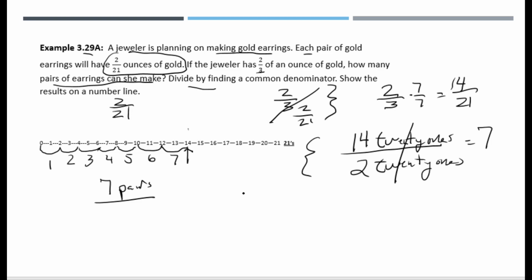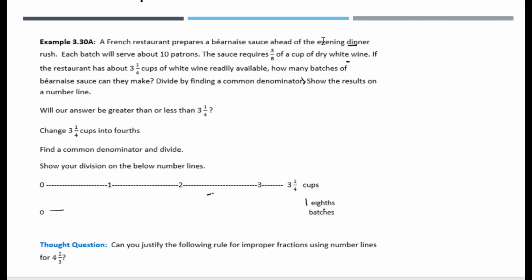Now what you could also do, we're going to find out that you can actually handle this problem here without having to do this or this. This is just sort of a visual and an idea that this can be done this way. So we're really concentrating on division by fractions.